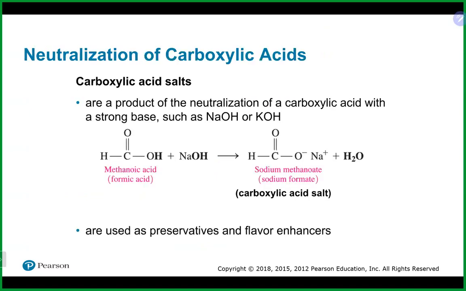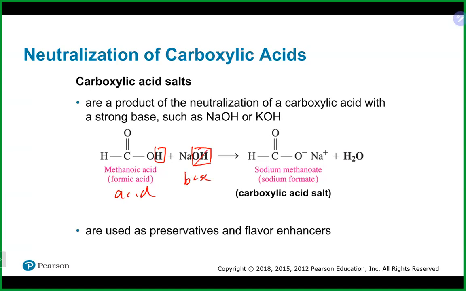All right. Carboxylic acid salts are formed here, and that's the product, again, a salt and water. We're not going to really name the salts, so you don't have to worry about naming the salts, but you do need to be able to draw it. So once again here, we have our H and our OH coming together. When we take an acid here, and sodium hydroxide is a strong base.